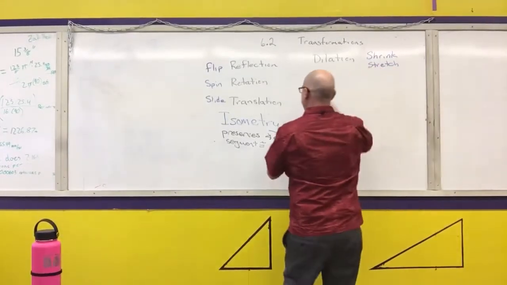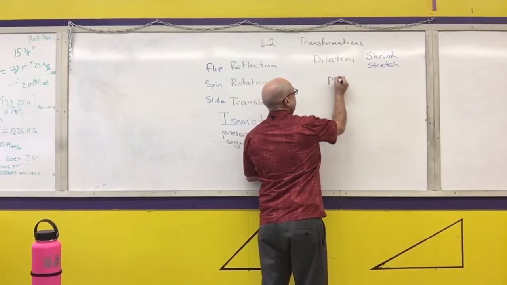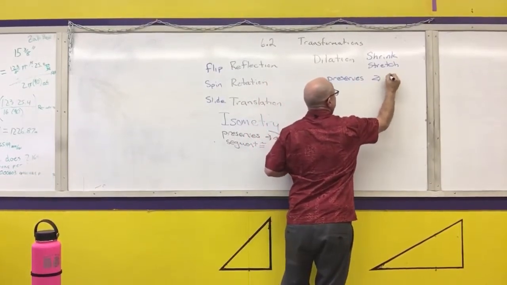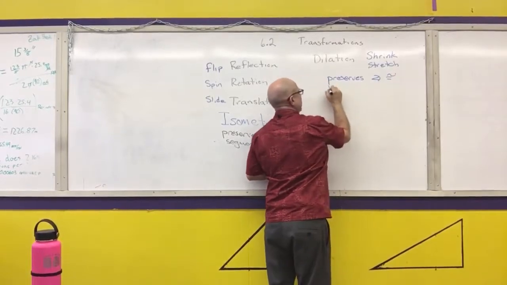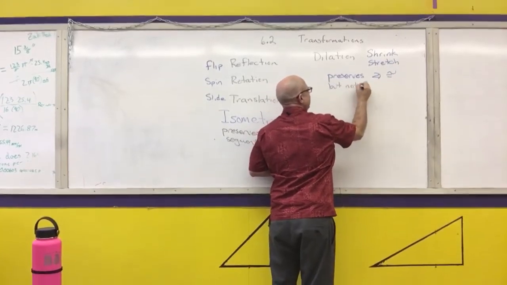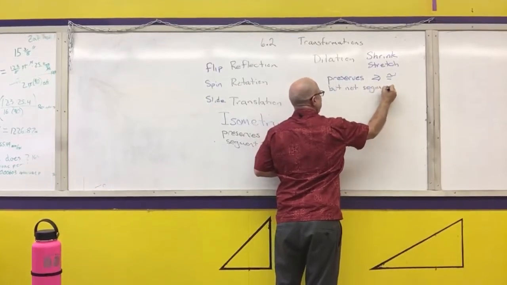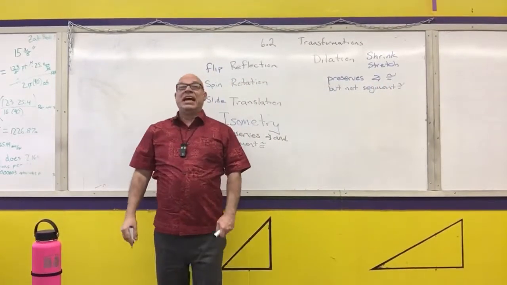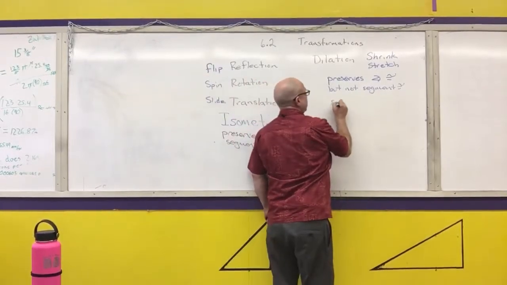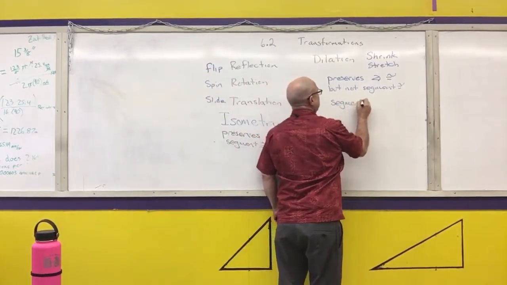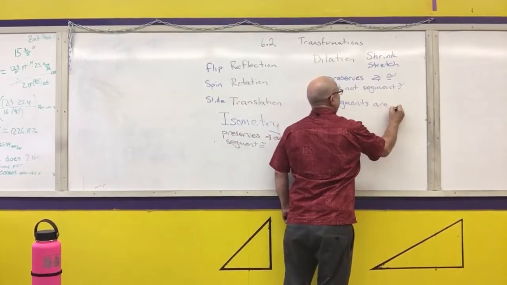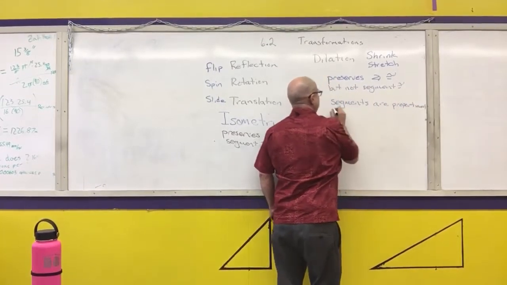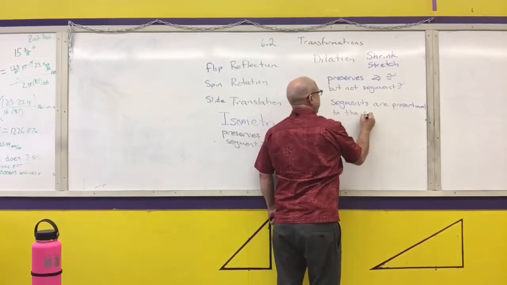A dilation preserves angle congruence, but not segment congruence. In a dilation, segments are proportional to the scale factor.